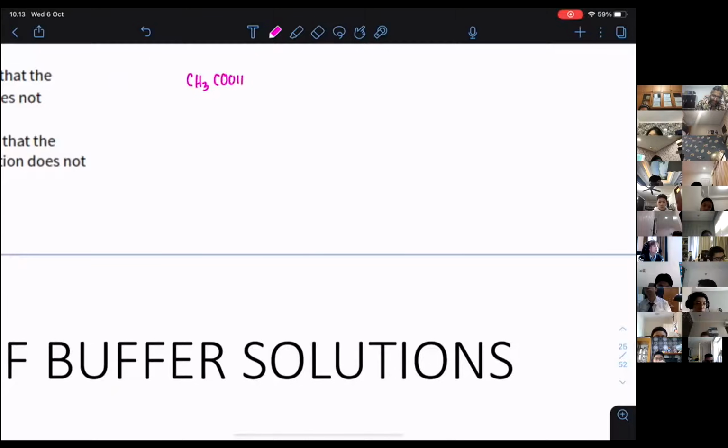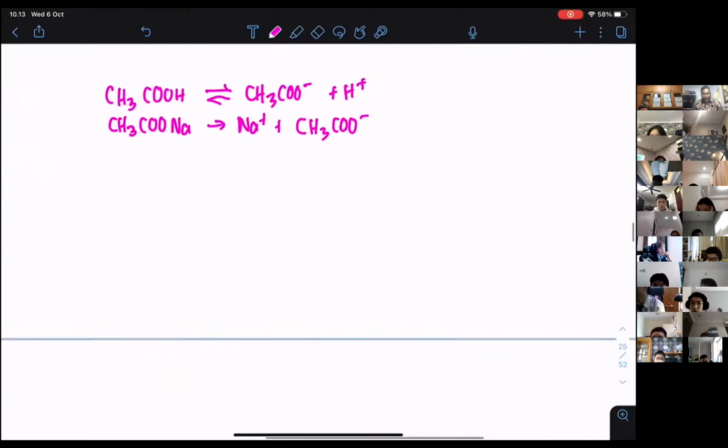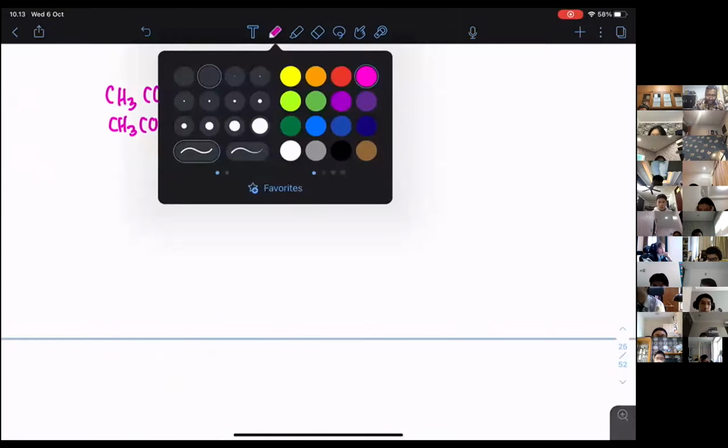You have this, which will give you CH3COO- plus H+. And then the salt, I am going to use this as my salt, and this is going to give me Na+ and CH3COO-. I'll try to make it easy to understand.